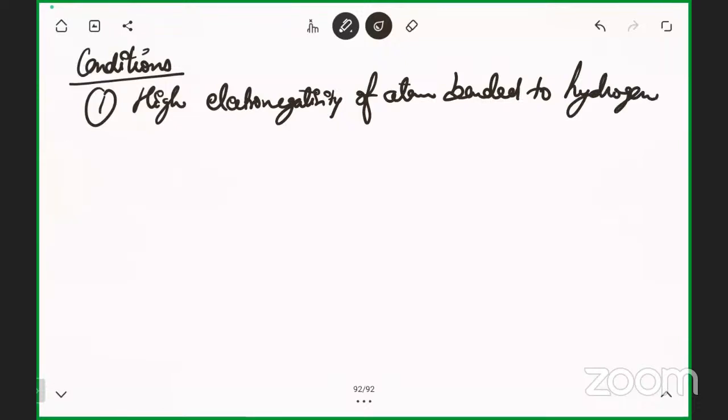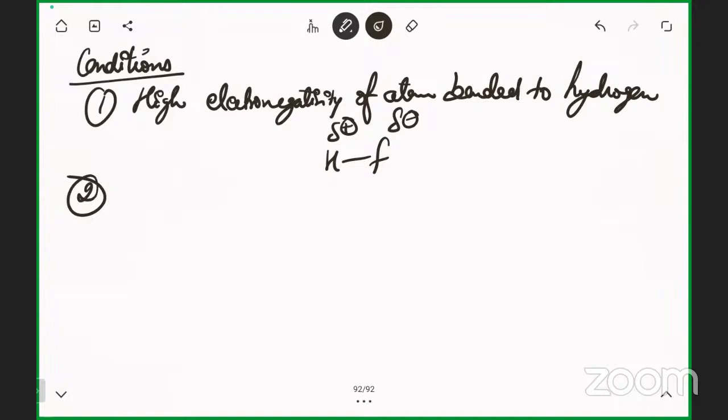See, the other element must have high electronegativity, because if there is high electronegativity, then there is a separation of charges. For example, I was talking about F. Fluorine is the most electronegative element, so it will get the partial negative character very easily. So if it gets the partial negative, hydrogen will get the partial positive. So there must be an electronegativity difference between the hydrogen and the fluorine atom.